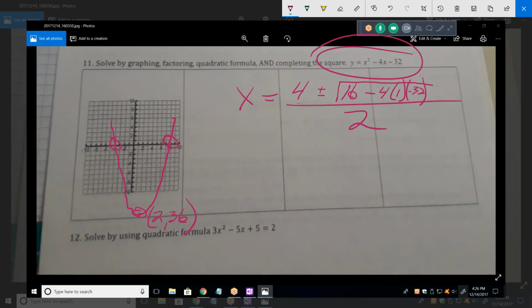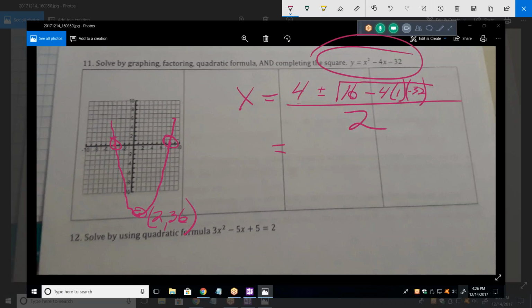Okay. What's the discriminant equal to? Use your calculator if you have to. 128. So minus 16, 112.